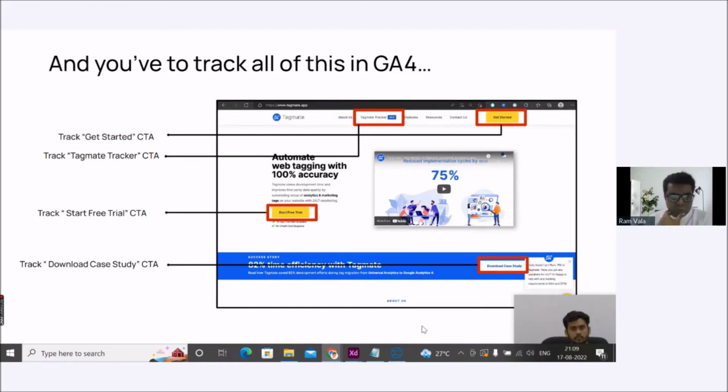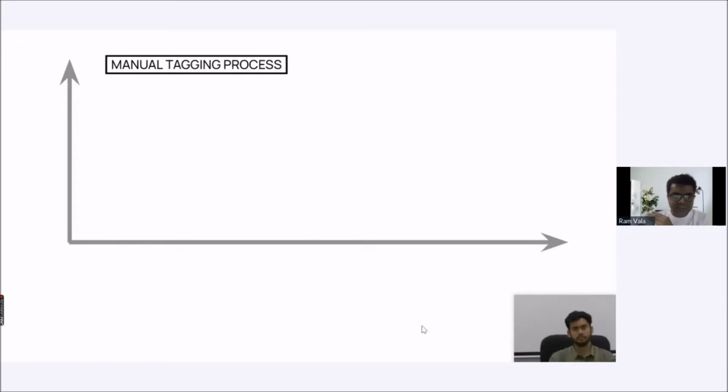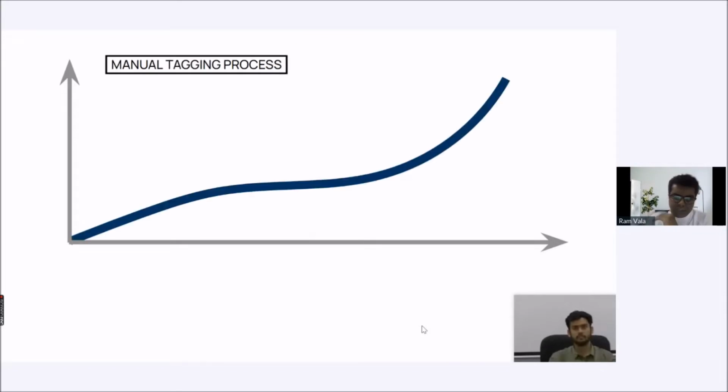So what is the basic implementation method or process right now in current scenarios? We all know how to use Google Tag Manager, right? I'm just giving an overview of what we are doing, right?